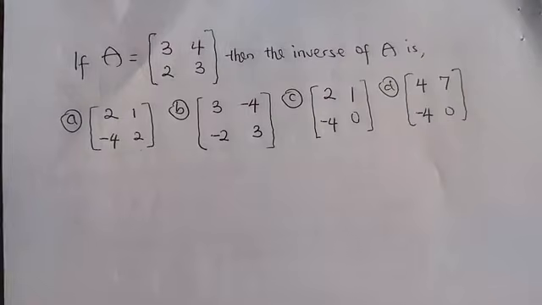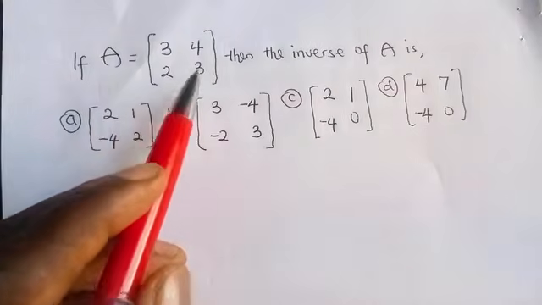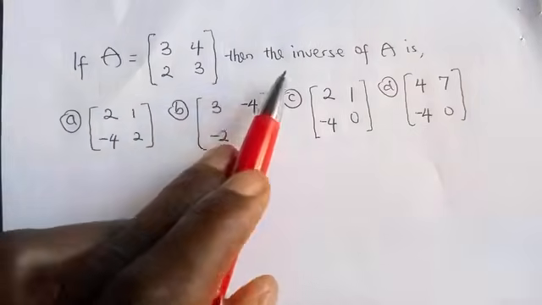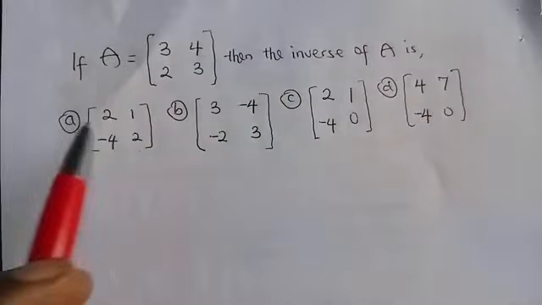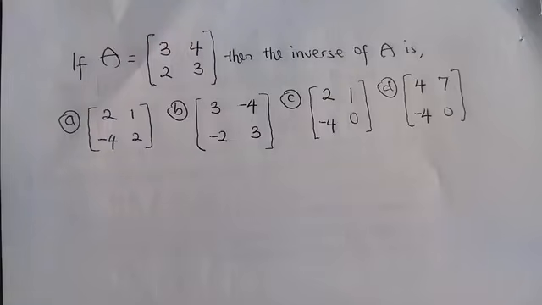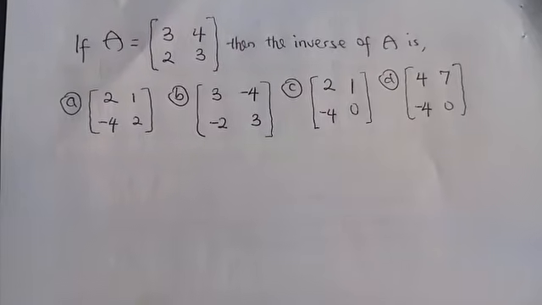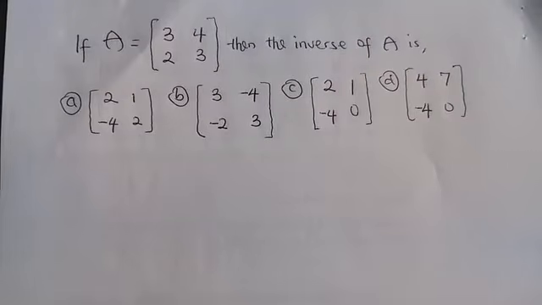The next question here is, if matrix A is equal to 3, 4, 2, and 3, then the inverse of A is, here are the options. So a matrix is said to be invertible, or it has an inverse, if the determinant is not equal to 0. Remember the previous question where we looked at singular matrix.